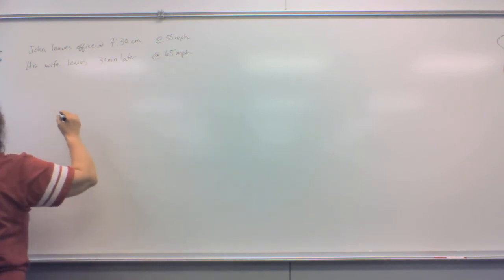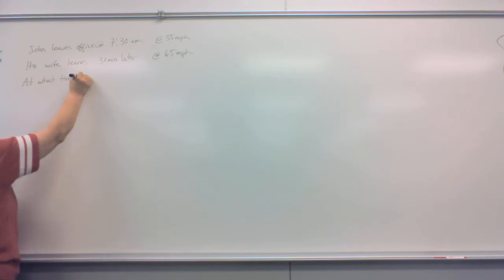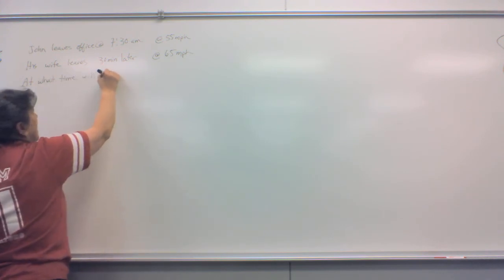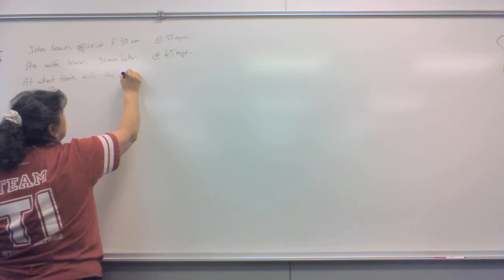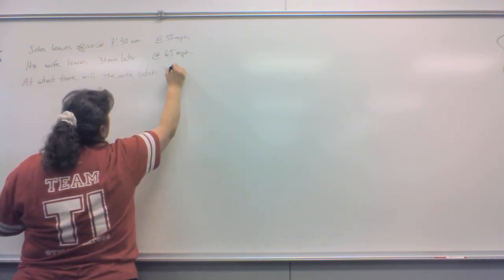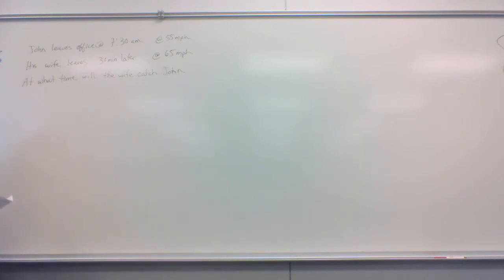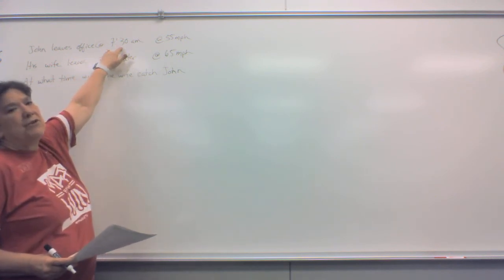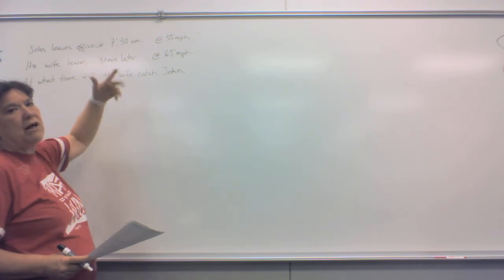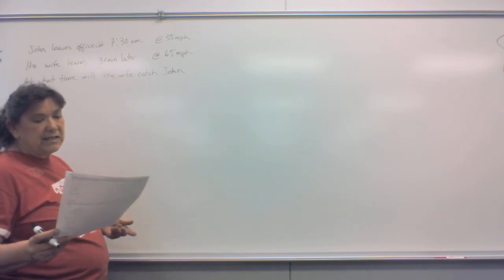And the question is, at what time will the wife catch John? Okay? At what time will the wife catch John? So he left first at 7:30, so the wife would have left at 8 o'clock. But anyhow, we need to figure out how long it's going to take to catch.